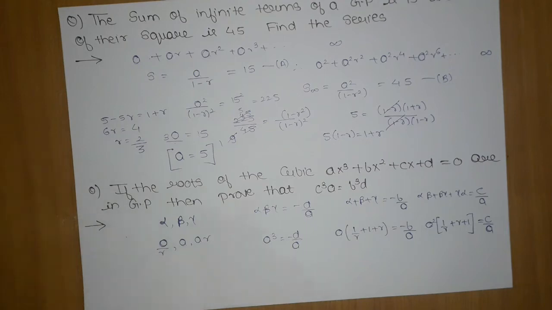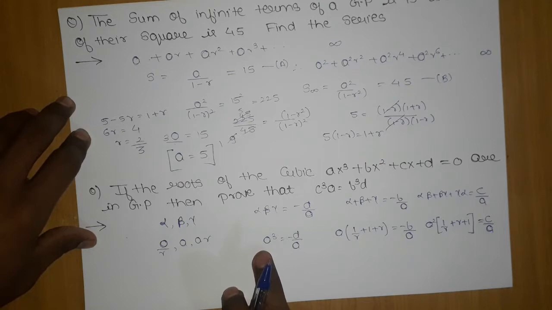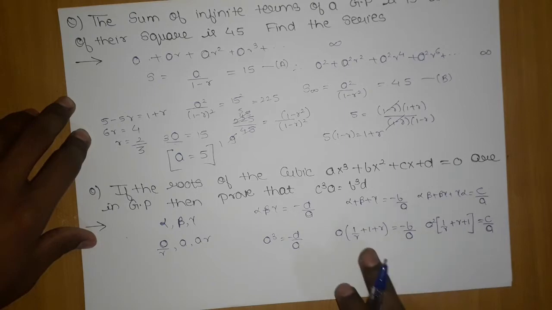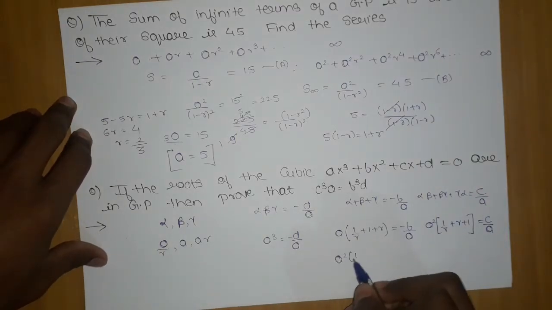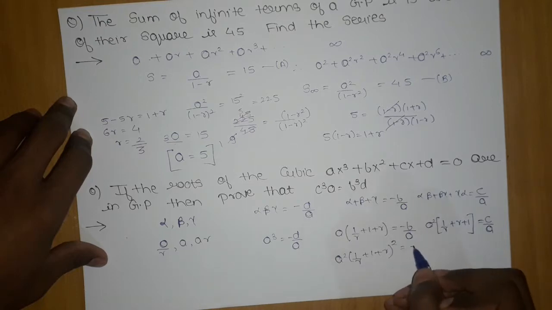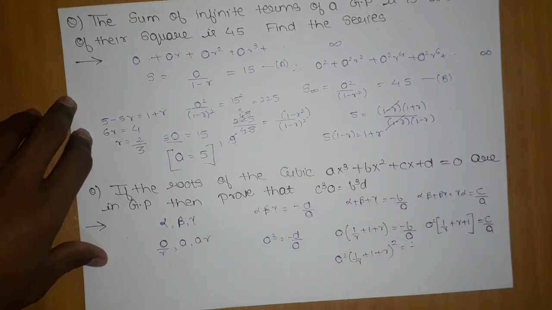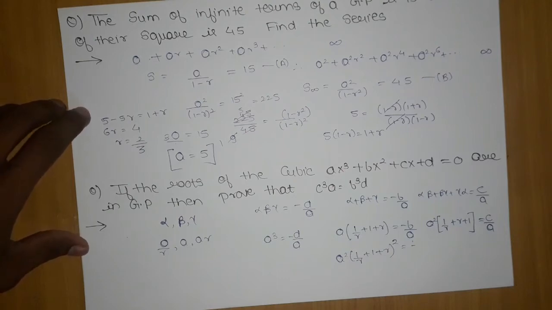Now here, if I substitute the value of this, and if I square it and substitute the value here, let's see what we get. If I square this, what do I have? A square into 1 by r plus 1 plus r, the whole square is b square by a square.